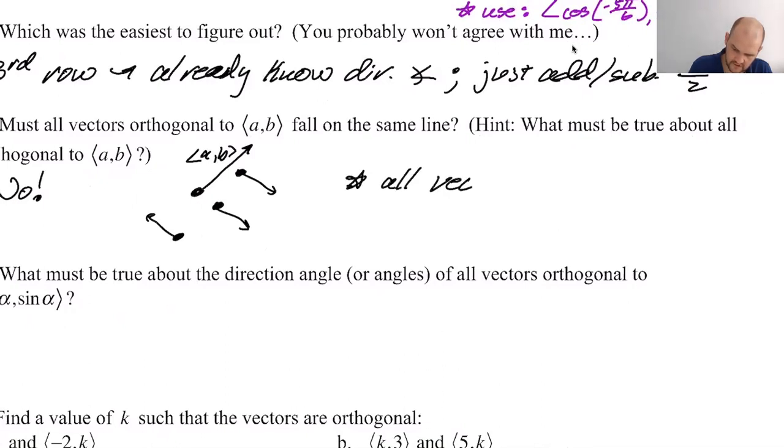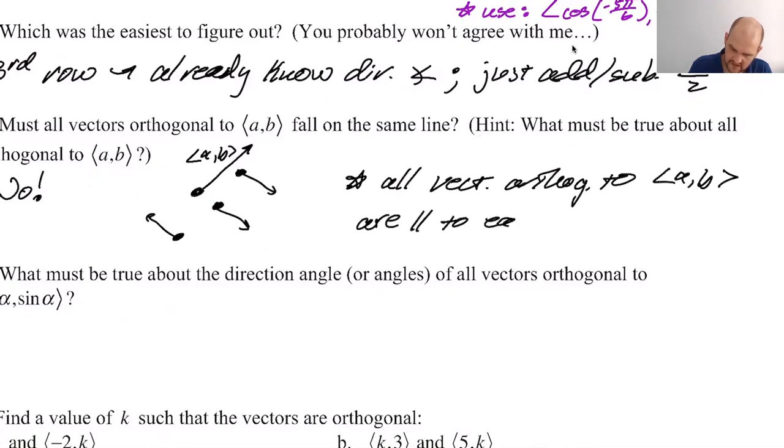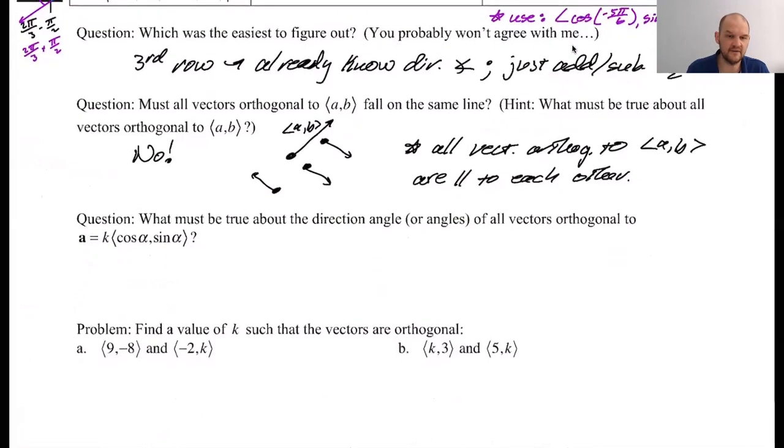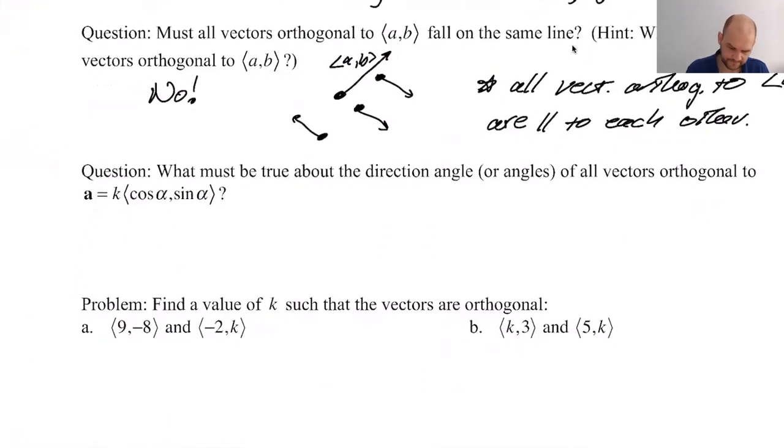All vectors orthogonal to AB are parallel to each other. They're not necessarily on the same line. They're just parallel to each other, because you can pick them up and move them. They don't need to stay on a particular line, but they do need to be parallel to each other. They'll all be scalar multiples of each other. So that's good to know.